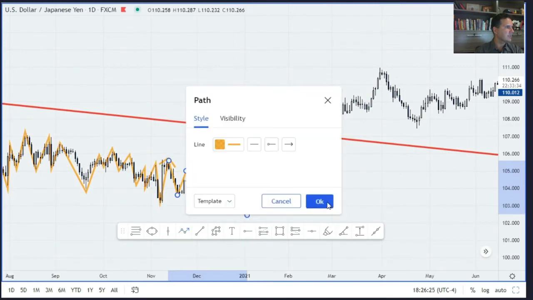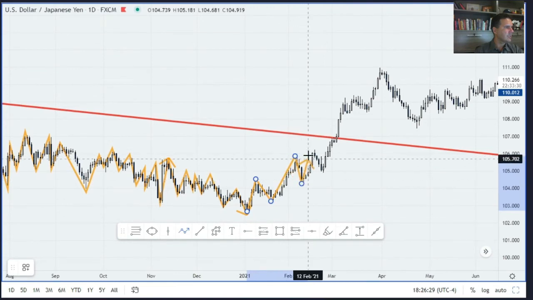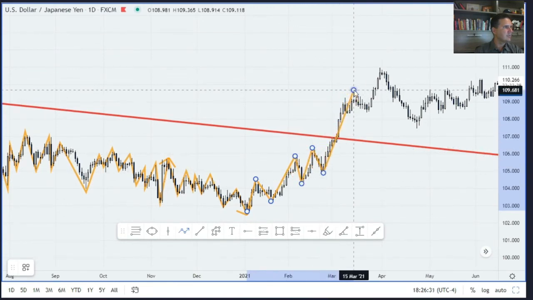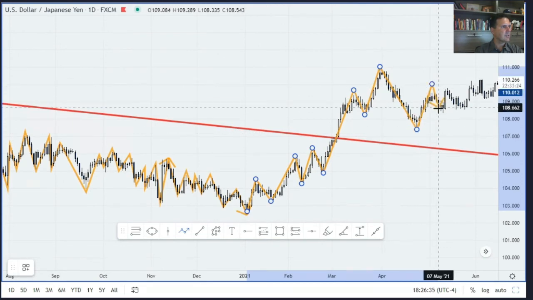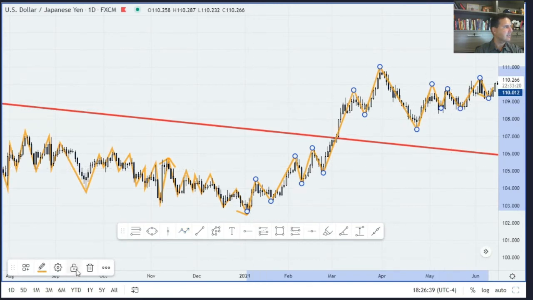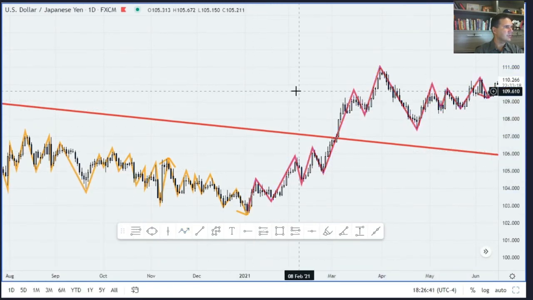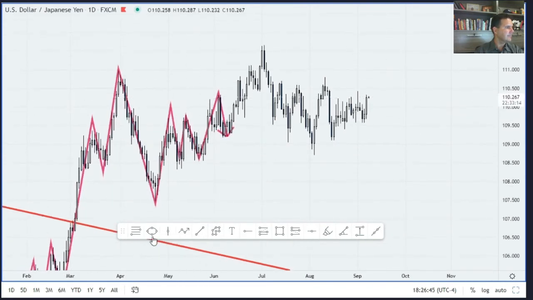Okay, and then we are going to change color. High to low, low to high, high to low, low to high, high to low, low to high. Something like this. And we're going to change colors. And we are here right now, see?